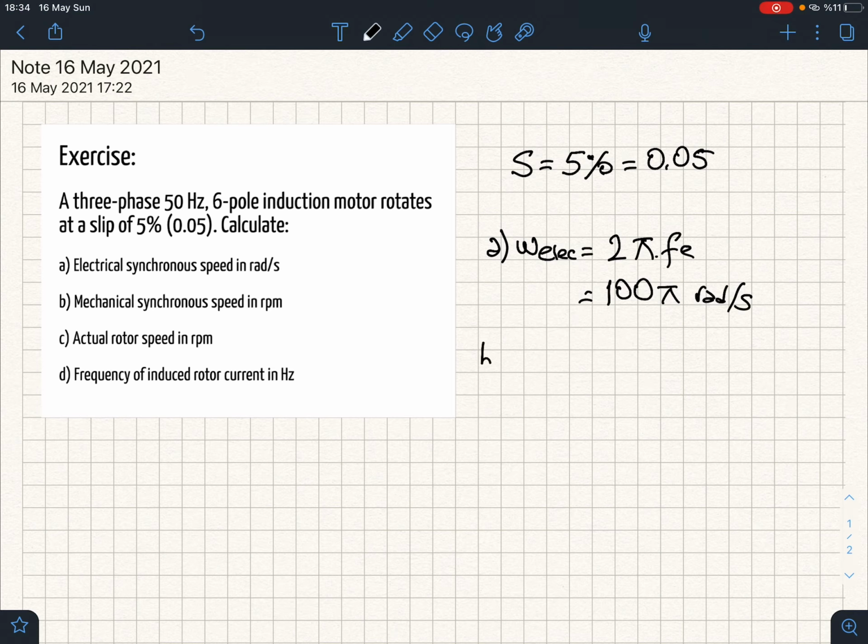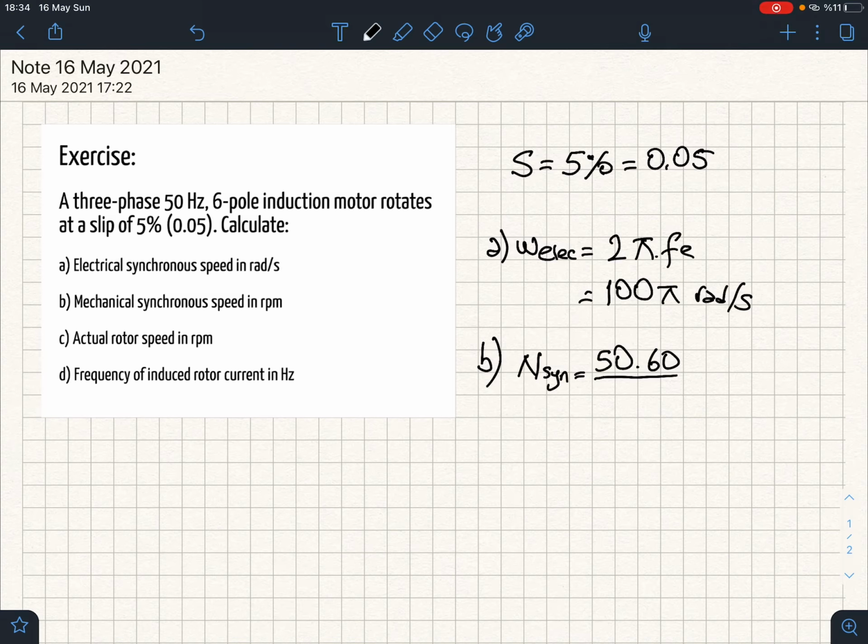Then in part B, let's calculate the mechanical synchronous speed in RPM, and whenever there is mechanical speed, we need to think of the number of poles. The synchronous speed ns: normally it is 50 hertz, so you can multiply it by 60 to get revolutions per minute, but this is again the electrical speed.